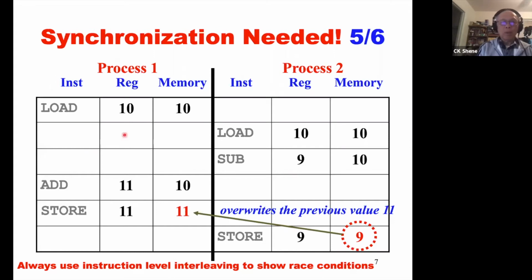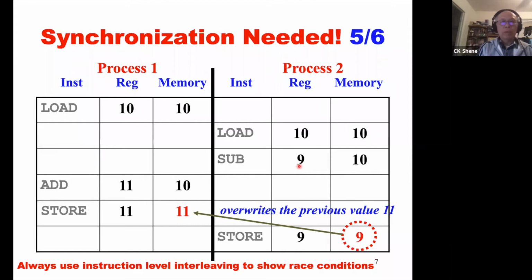When process 1 is switched out, process 1 has register value 10. When process 2 is switched out, process 2 has register value 9. Do these two values, 10 and 9, conflict?